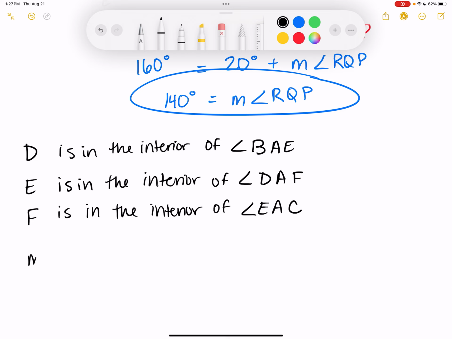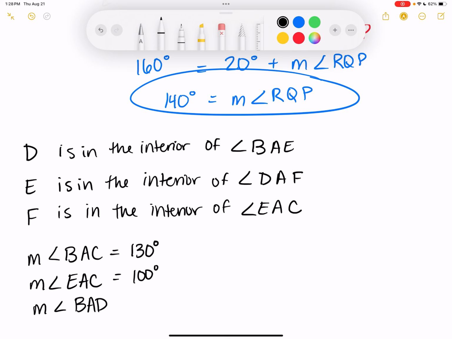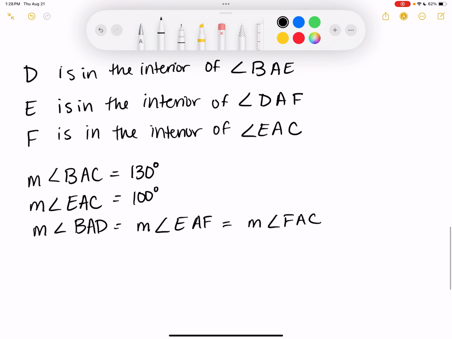The measure of angle BAC is 130 degrees. The measure of angle EAC is 100 degrees. And the measure of angle BAD is equal to the measure of angle EAF is equal to the measure of FAC. So then we're going to use that to find different things that they are asking us for.